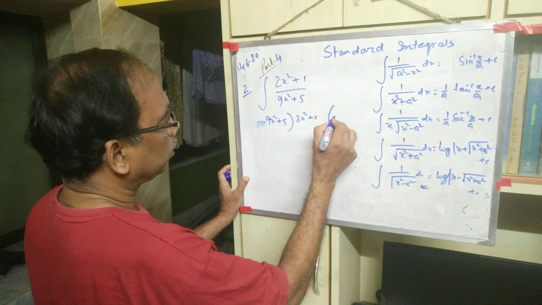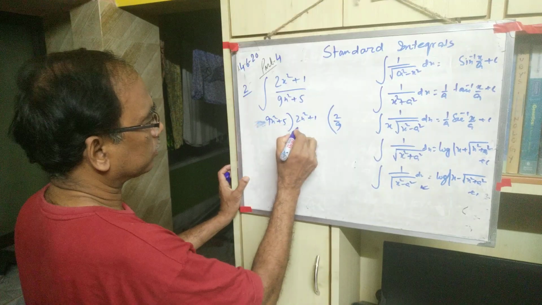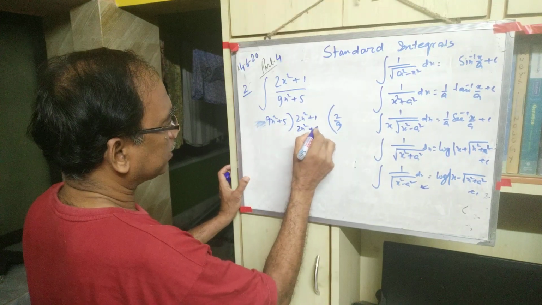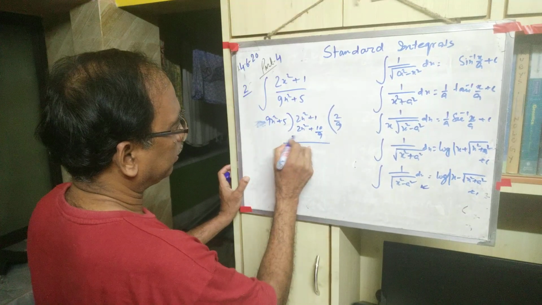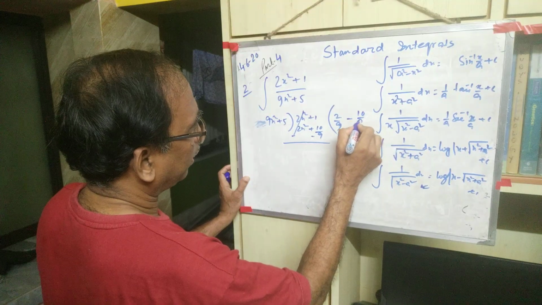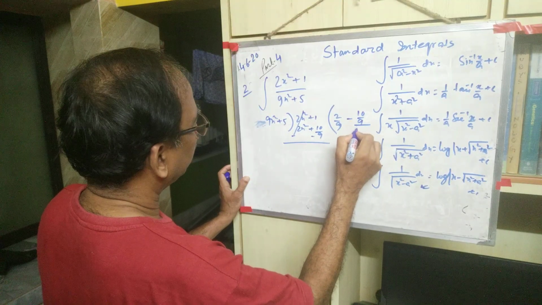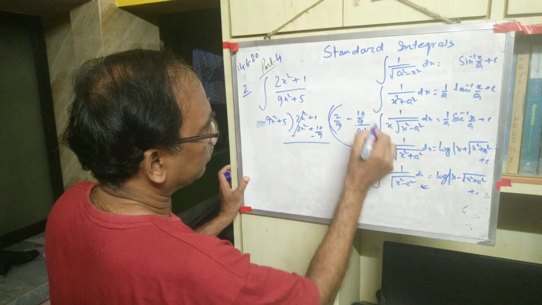This should be 2 by 9. Division: this into this, 2x square plus 10 by 9. 5 twos are 10 by 9. Cancel. That is minus 10 by 9 over 9x square plus 5. So this is your division value.